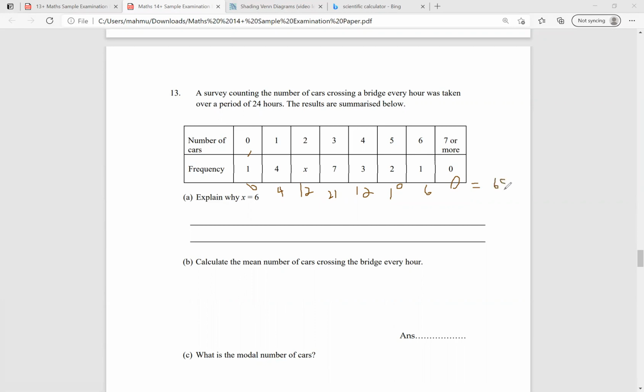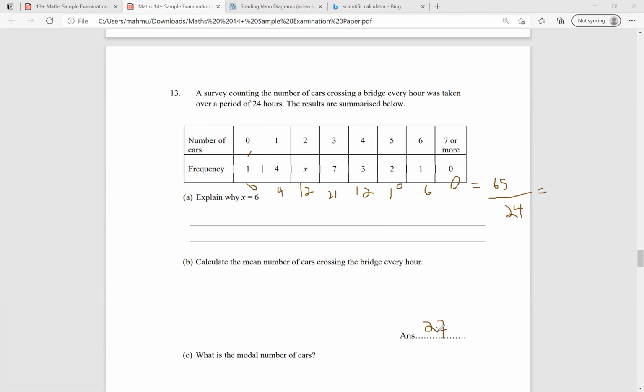Then divide 65 by 24 hours to see how many cars are passing each hour. So 2.7. So every hour, 2.7 cars are passing the bridge. Did that make sense?